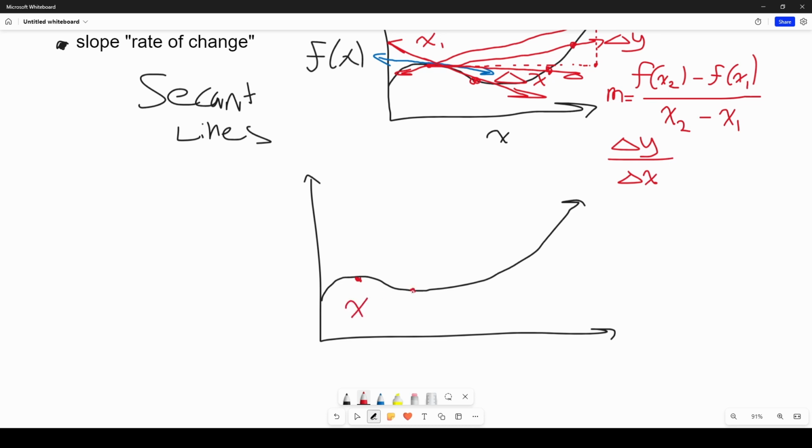And let's call another point x plus delta x, which means our delta x is quite literally delta x, and our delta y is going to be f of x plus delta x minus f of x.